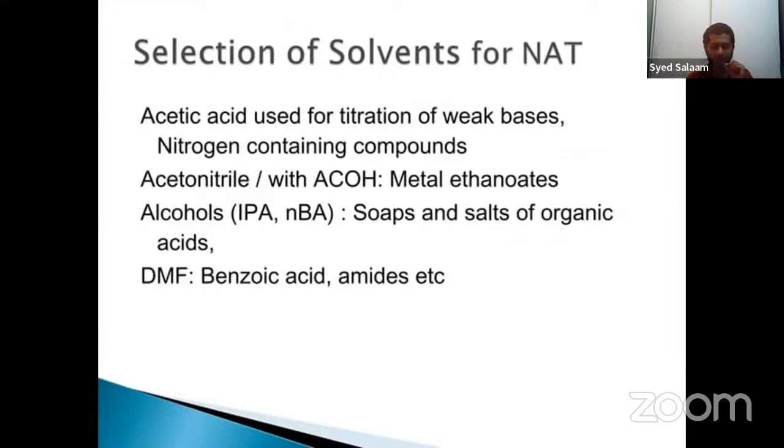Now, selection of the solvent. How are you going to select the non-aqueous solvent? Acetic acid is used for titration of weak bases. For nitrogen-containing compounds, we use acetonitrile or acetic acid.